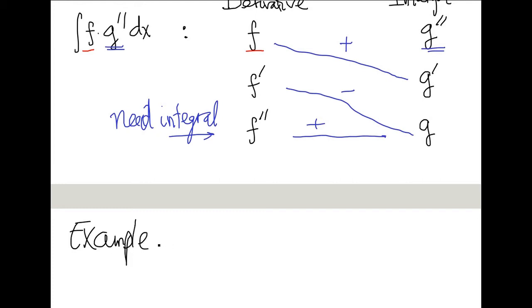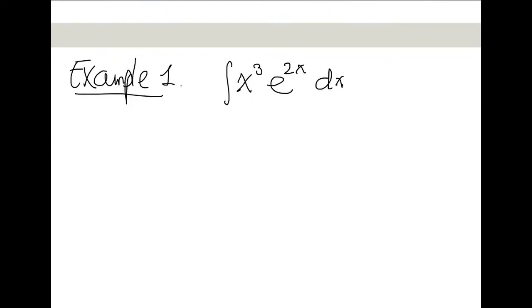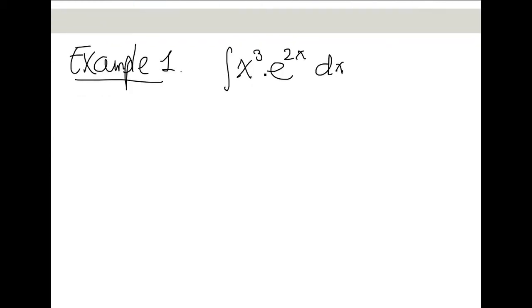So here's an example. Let's do the first example. Integral of, say, x cubed e to the 2x dx. Now we need to split into two pieces. The first one for the derivative and the second for integral.